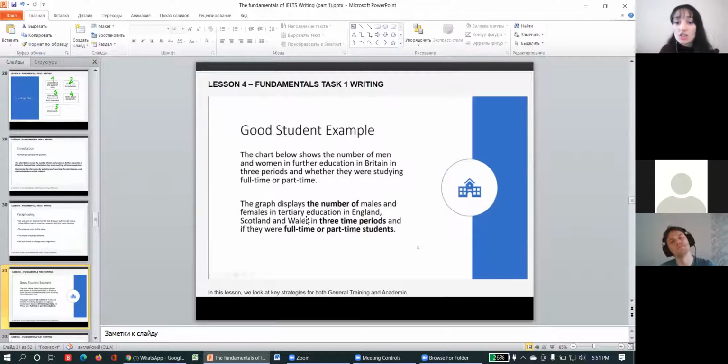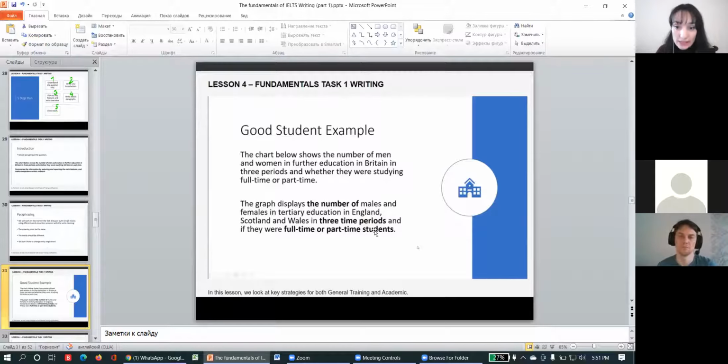Again, the person changed the word further education to tertiary education. Education, the word is the same, of course, but we don't look at the word education as a separate word, but as a part of a collocation phrase. Okay, further education, tertiary education, the same.